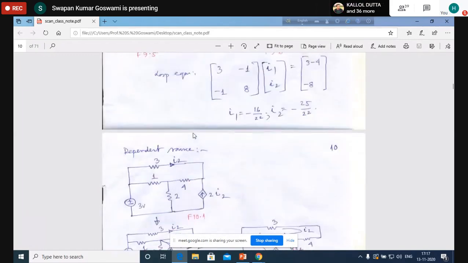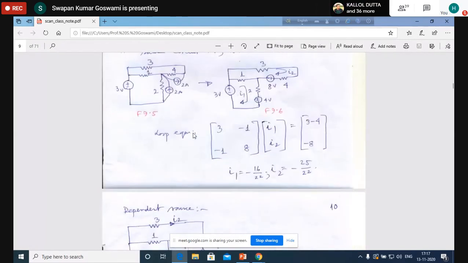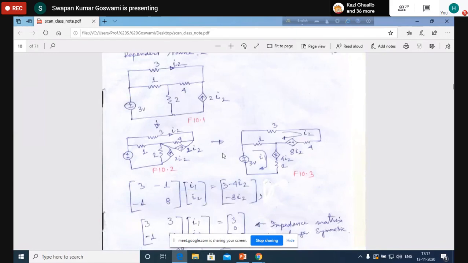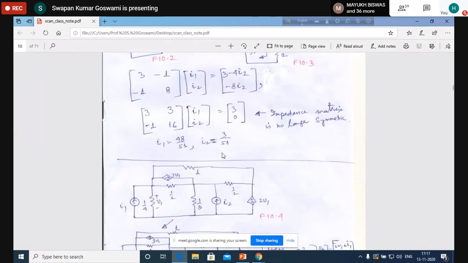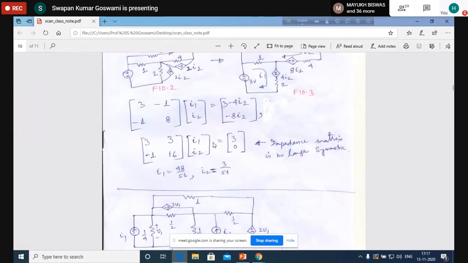Previously, when we had the independent source, it was symmetric, minus 1, minus 1. It was a symmetric matrix. Now, with the dependent voltage source, it is no longer symmetric. That means the presence of a dependent source makes the network matrix asymmetric. Am I clear?